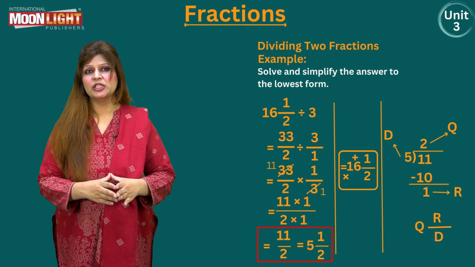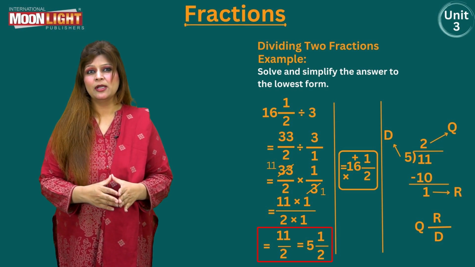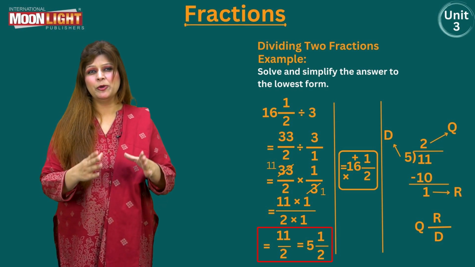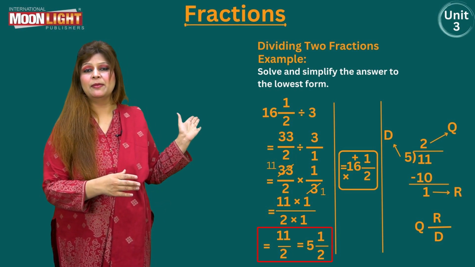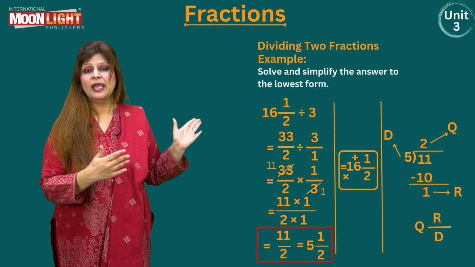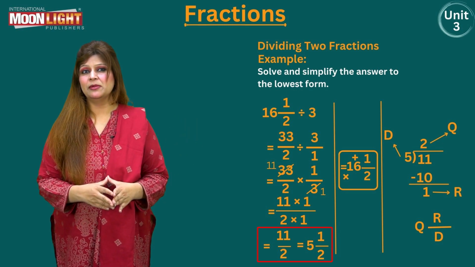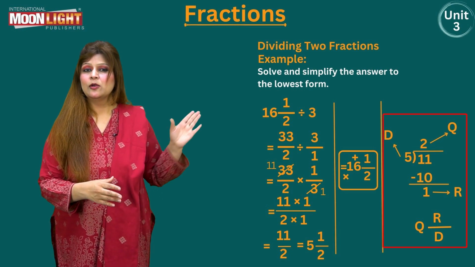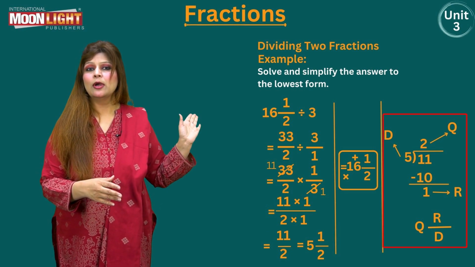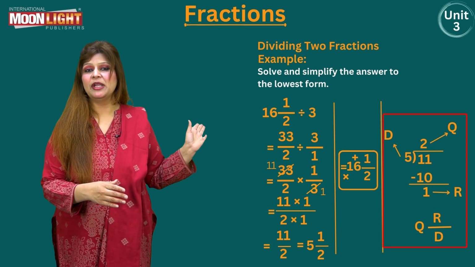I'm going to change this improper fraction into a mixed number. I put the number 11 inside the division symbol and the number 2 outside, and recall the 5 times table: 5 twos are 10. By subtraction I get the remainder 1.